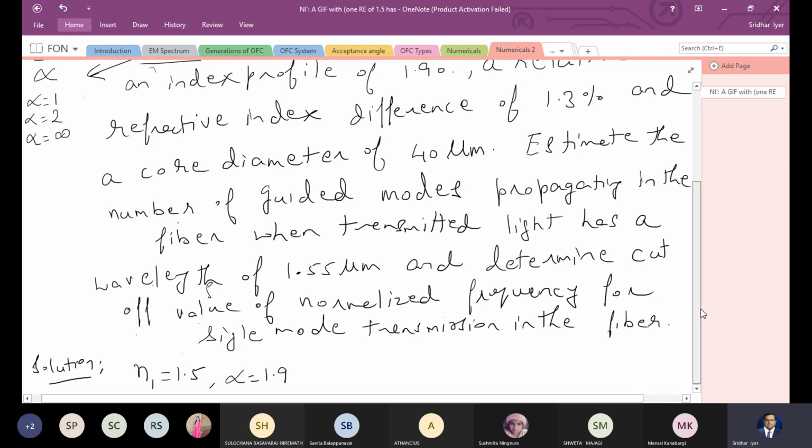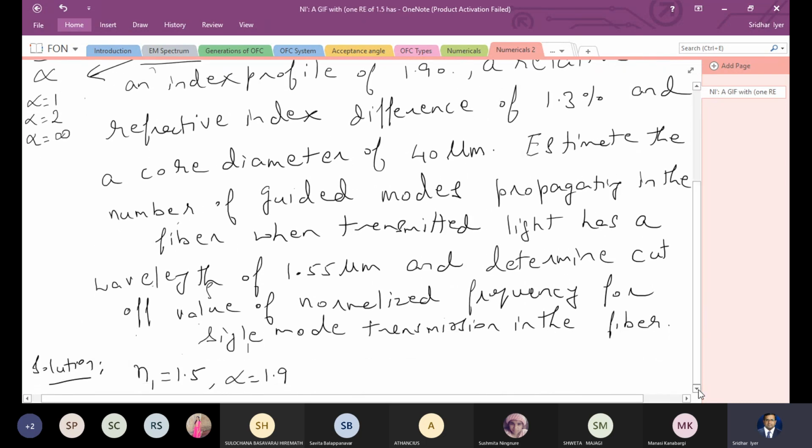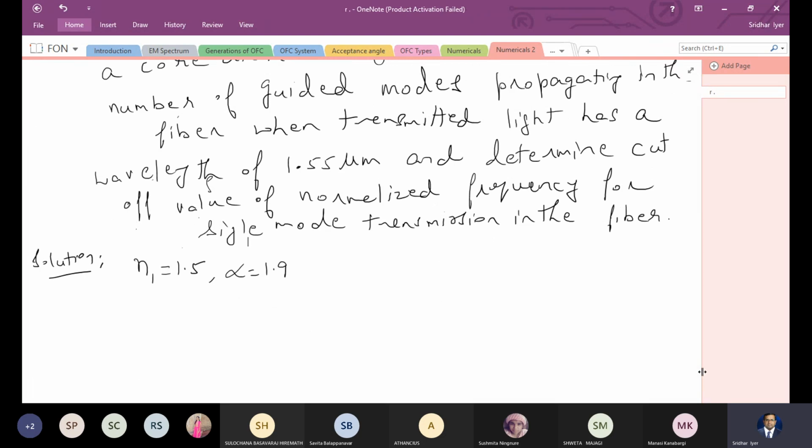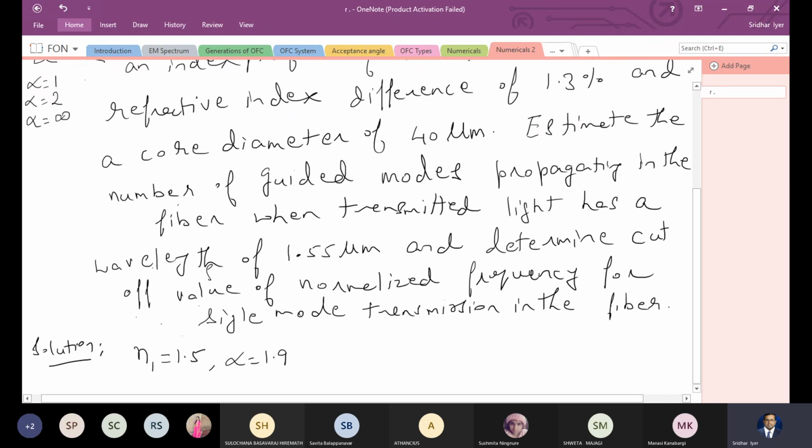Then it says a relative refractive index difference of 1.3%. That means the value of delta is given to us as 1.3%, and a core diameter of 40 micrometer.